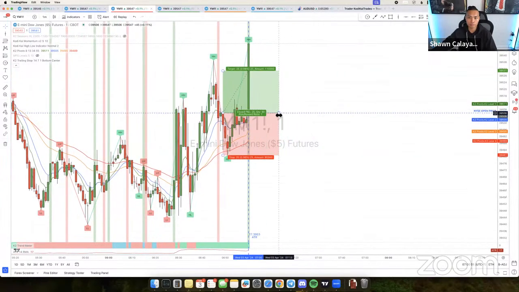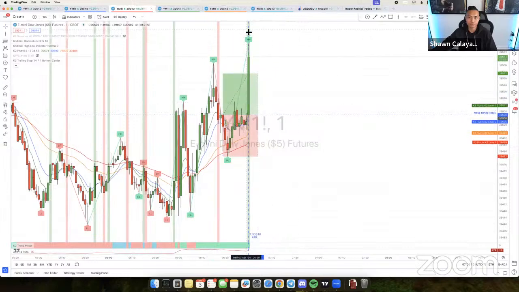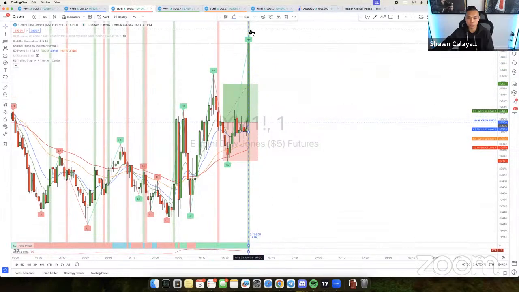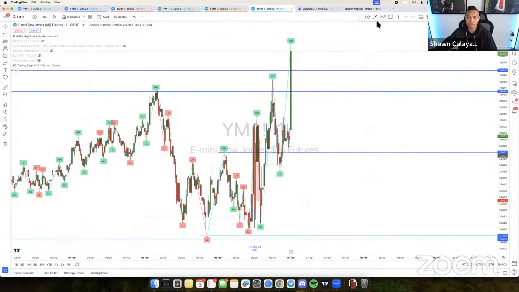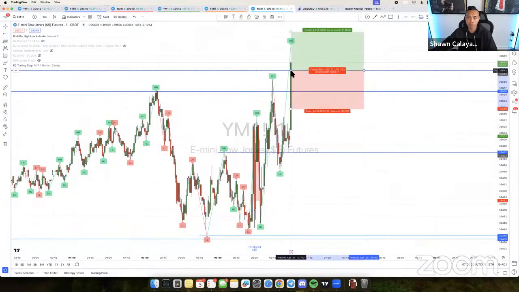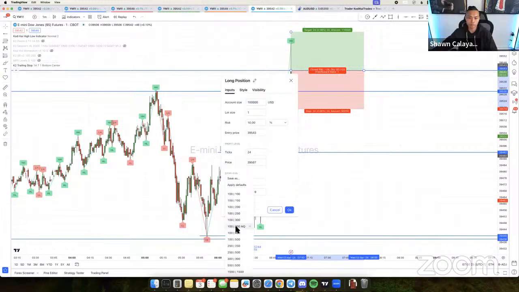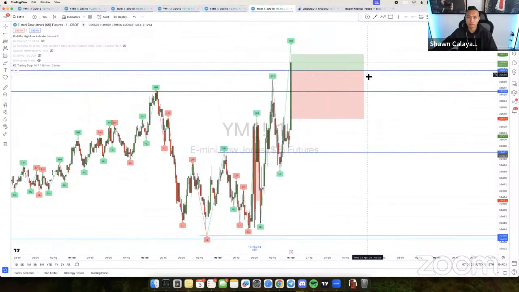But that was based off news. You guys can see the news candle right there is huge, and the PRV went straight to full TP. And liquidity over here got hit as well, but again, it was based off news, so I wouldn't have taken this liquidity here. Yeah, it went straight through.